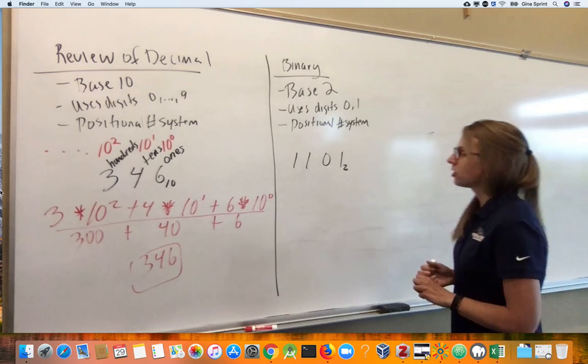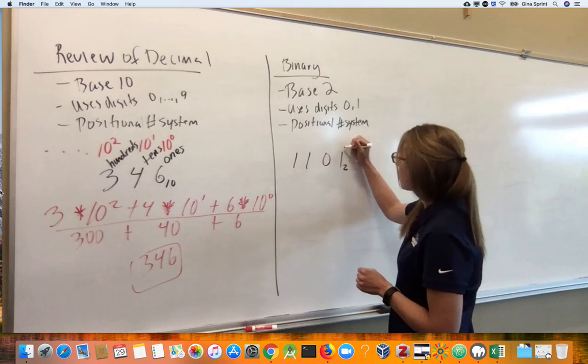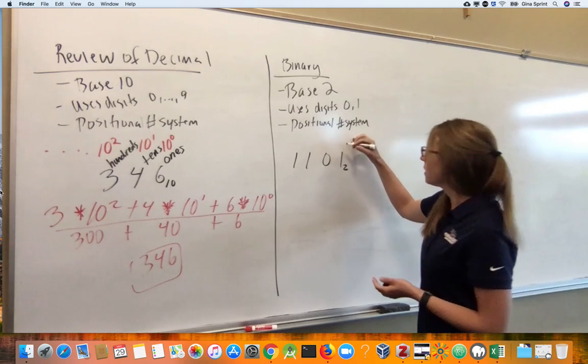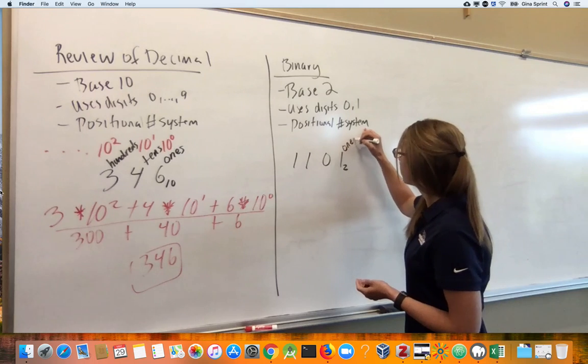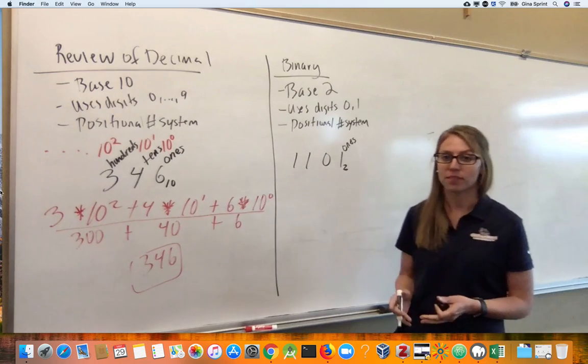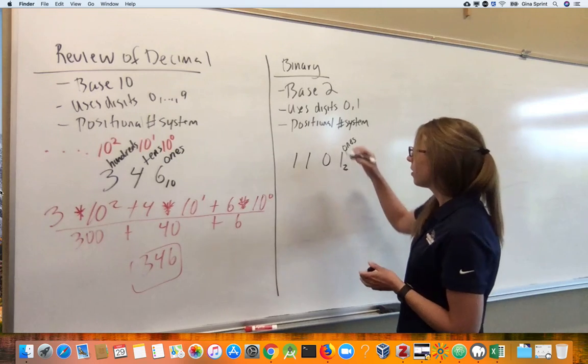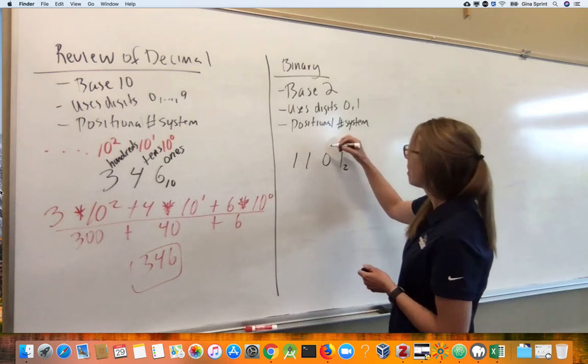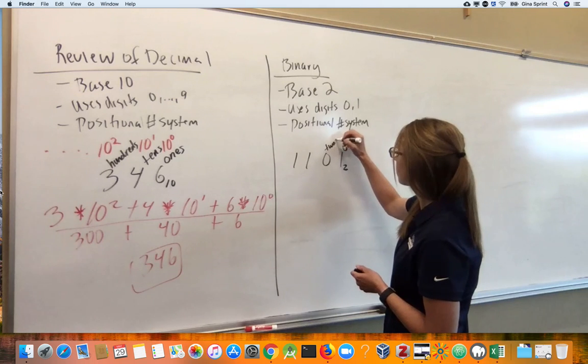Okay, so this is the positional number system. So this 1 is in what position? This is in the 1's position. This 0 is in the what position? This 0 is not in the 10's position because we're dealing with powers of 2. This is in the 2's position.